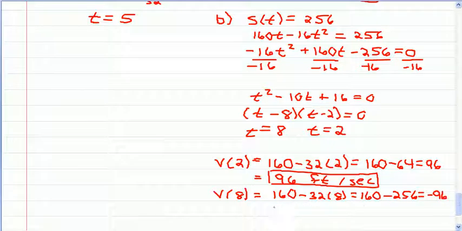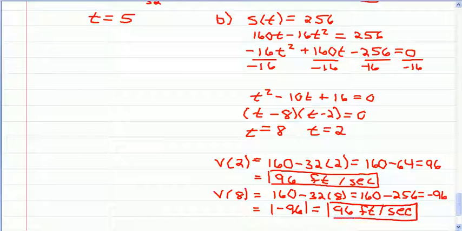So since we're finding how fast, which is a measure of speed, I have to take the absolute value, which is again 96 feet per second. So the negative just indicates that it's moving down, but the speed is 96 feet per second.